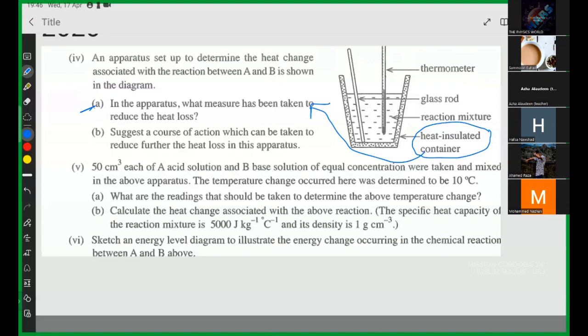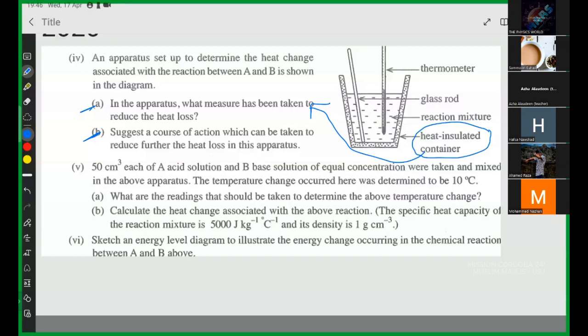So they have given a measure to protect from the heat loss. But the second question is, suggest a course of action which can be taken to reduce all the heat loss in these apparatus. You have to prevent more, you have to protect the heat. Some additional steps that you can do.